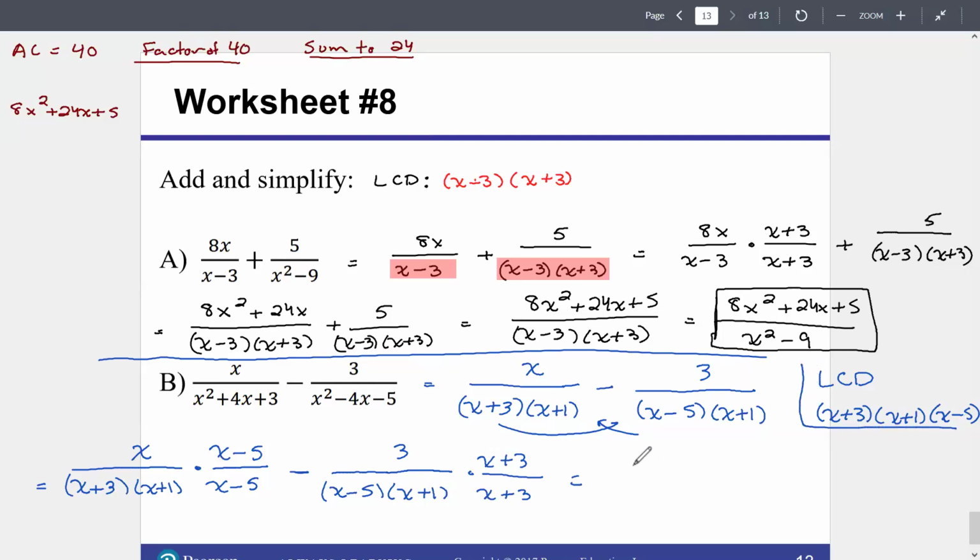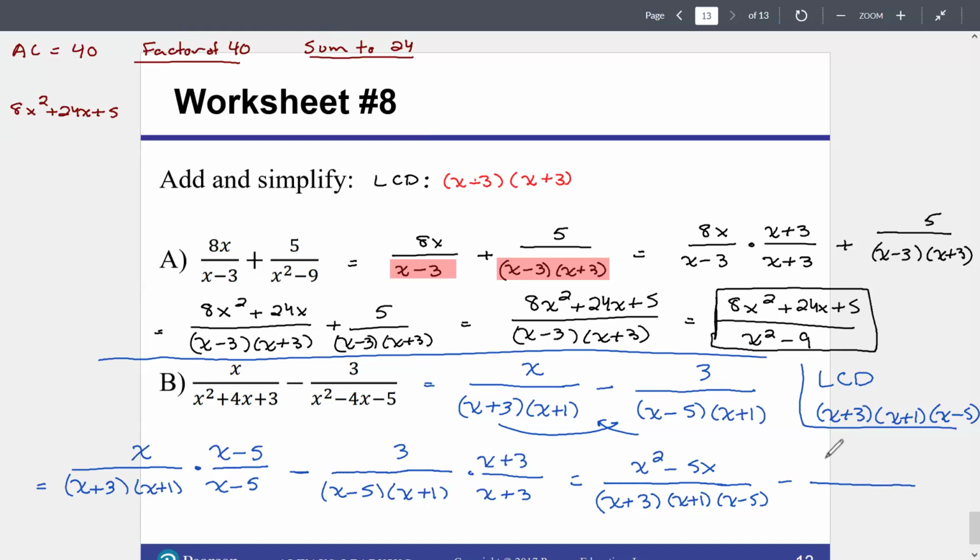So this is going to give me x squared minus 5x over (x plus 3)(x plus 1)(x minus 5). And then we're subtracting.